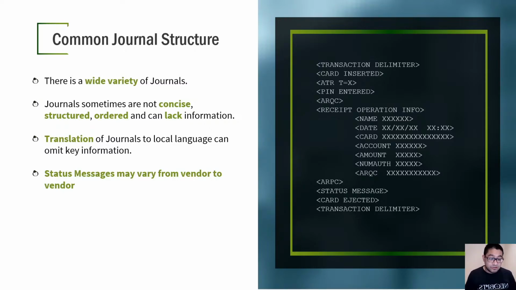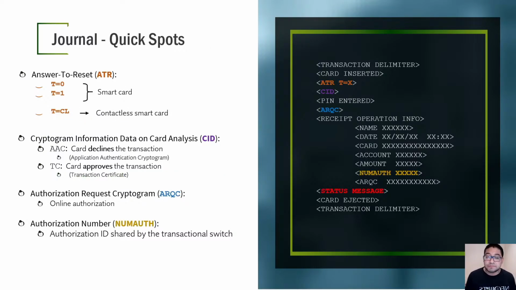When this translation happens, sometimes the financial institution decides that they just need the normal language in the journal, like the words "I dispensed," how many notes, the account, the name, but they get rid of all of the error codes and all of that useful information that will be needed when you respond to an incident. These error codes are called status messages, and these may vary from vendor to vendor. They are really important, and we will see a little bit of that.